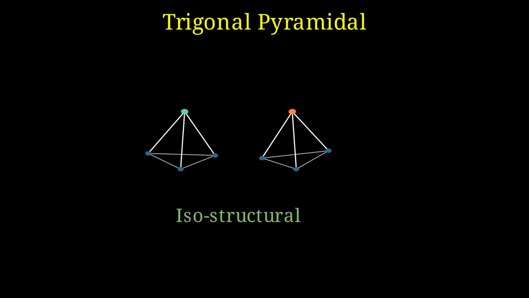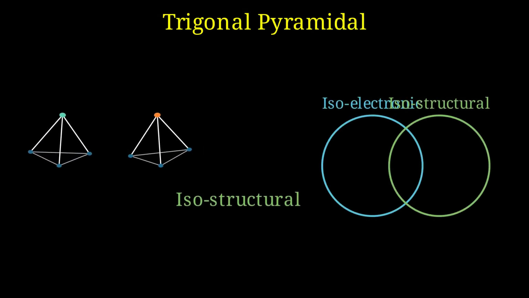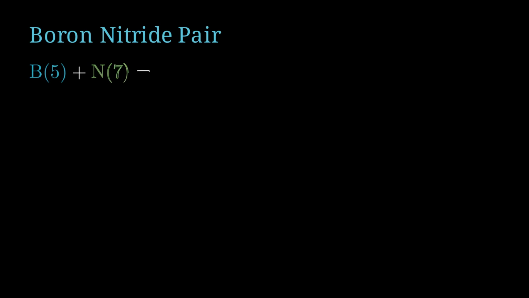They are isostructural. Now, here is the key insight. Just because two things are isoelectronic doesn't mean they are isostructural, and vice versa. But when molecules are both, that's when the magic happens. Take the boron nitride pair and diamond. Boron has 5 electrons and nitrogen has 7, averaging out to 6 per atom.